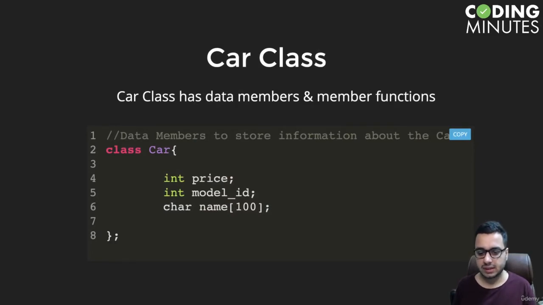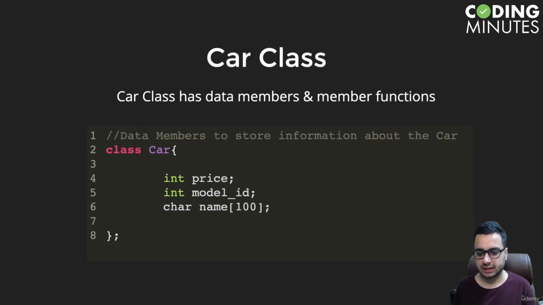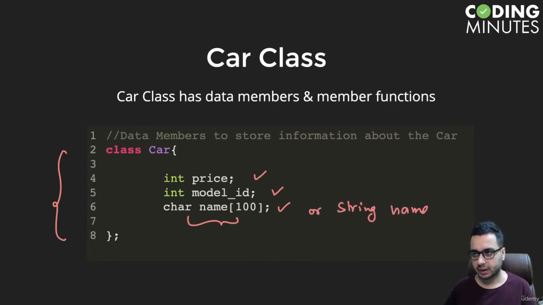Data members store the information about the car. Let's say we have a car, and this car has a certain price, a certain model ID, and the name of the car is a string. Either you can use a character array, or you can use a string as well.